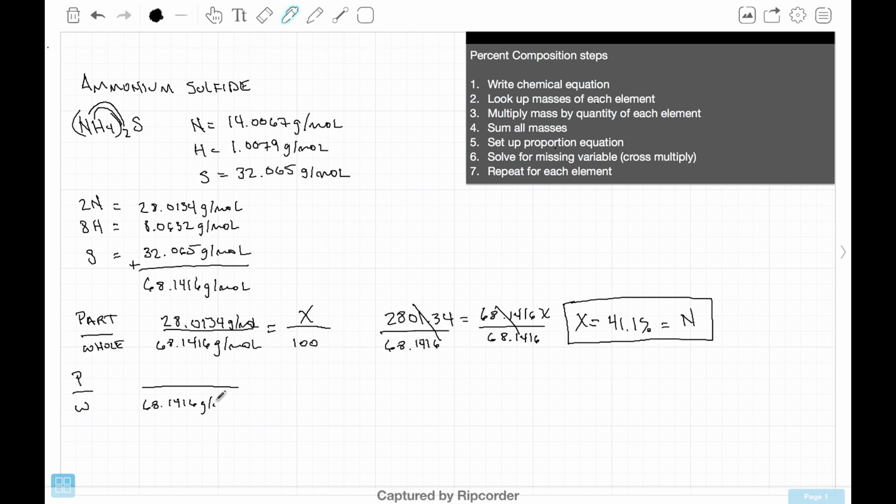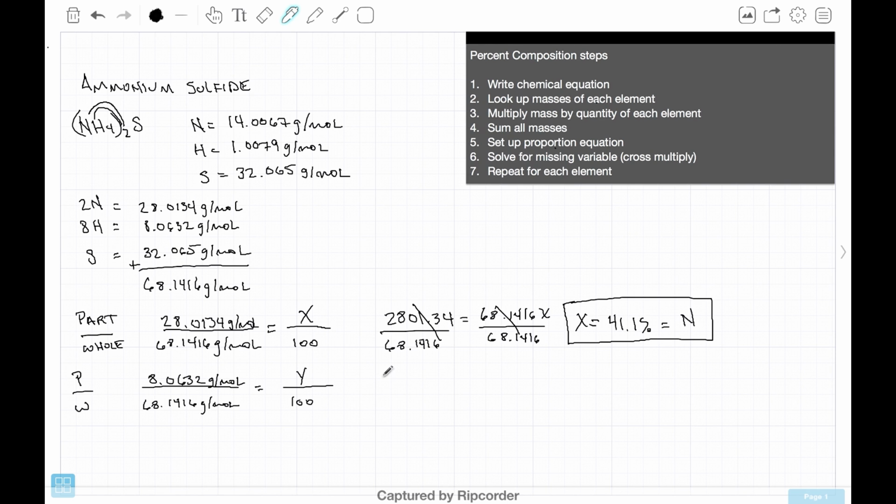And this time the part is going to be hydrogen, and that's 8.0632 grams per mole. And that equals, well, you know the whole is 100%. And then we're looking for the part in percentage that hydrogen takes up. And we're going to set that unknown equal to y.